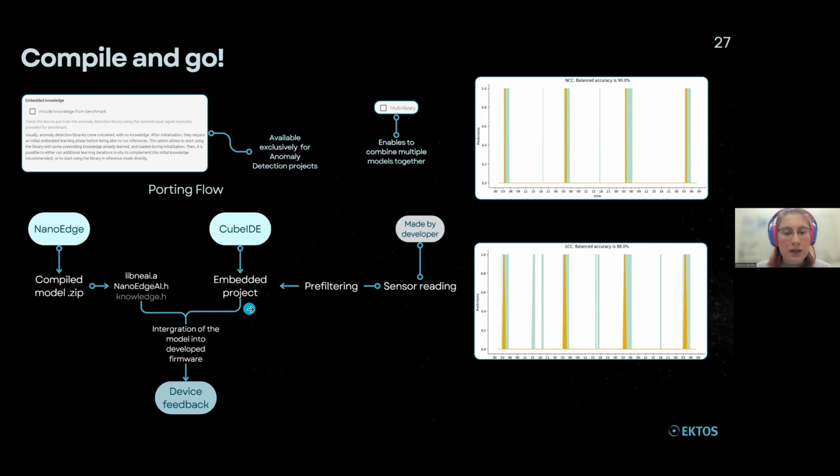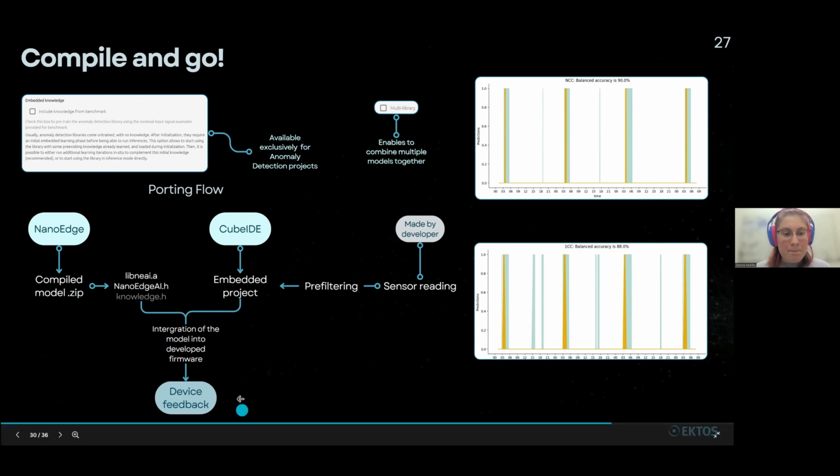And when we have our functions, we can build the project and integrate our model into it. Usually when we receive a zip file from NanoEdge, we can see the library itself, the .a file, and then functions that will help us to run the model. And in case of anomaly detection, we can see the knowledge library as well. And after deploying it, we can have our device feedback during inference time.